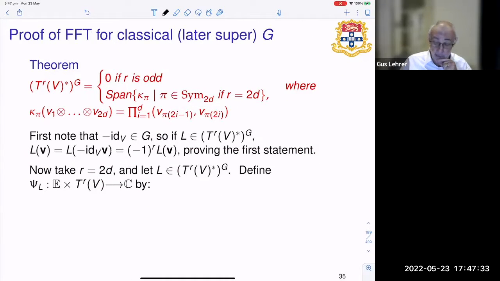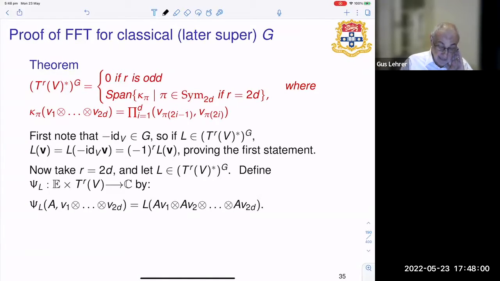Now, we're going to define a map psi_L from the whole of the endomorphism space, at first, this is just the product of affine spaces for the moment, as follows. Psi_L of A, B1 up to B2D is just L evaluated on AB1 tensor AB2, and so on.